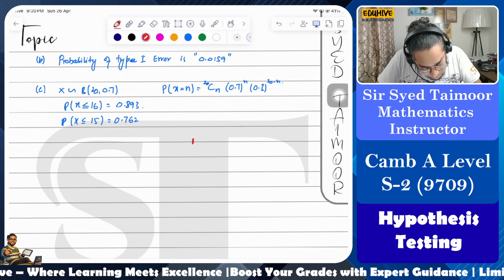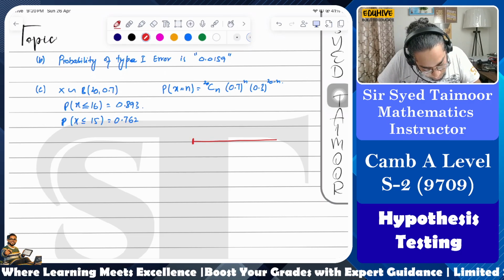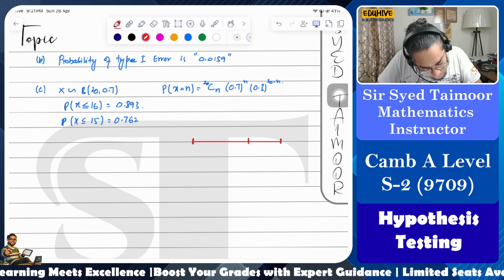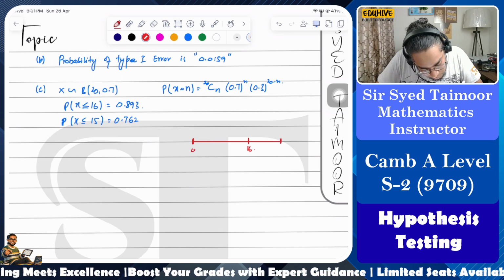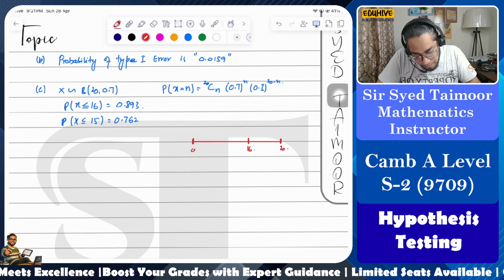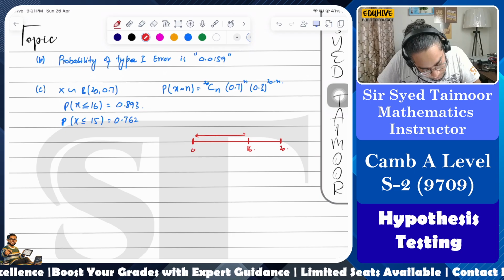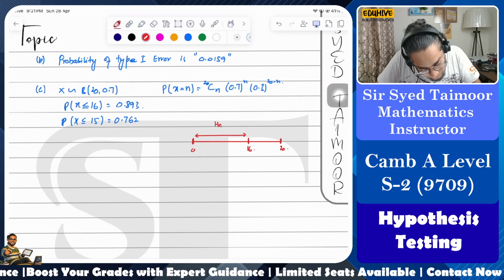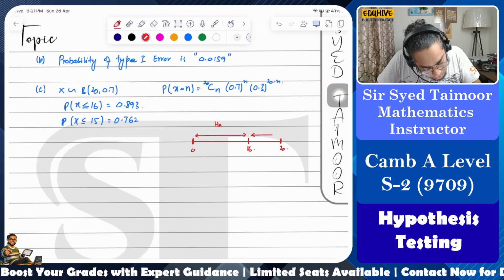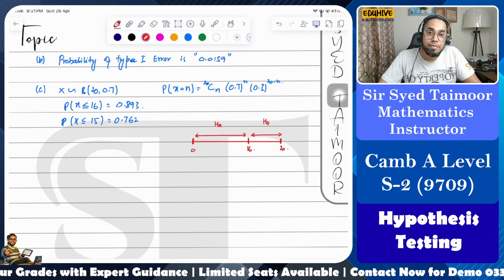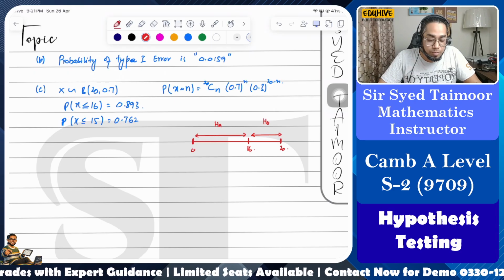Just for your understanding, for 16 was 20. Okay, this portion was accepting H alternative, and this portion was accepting H naught. Okay, that was the thing we were proceeding with.